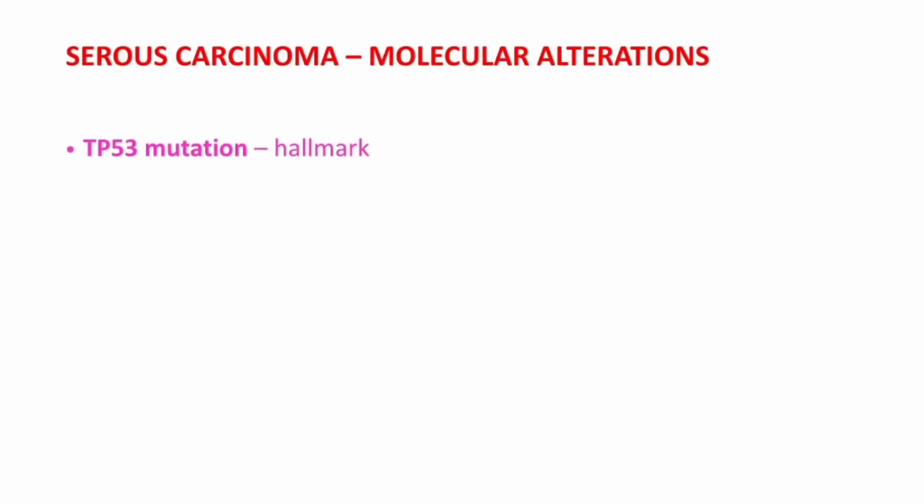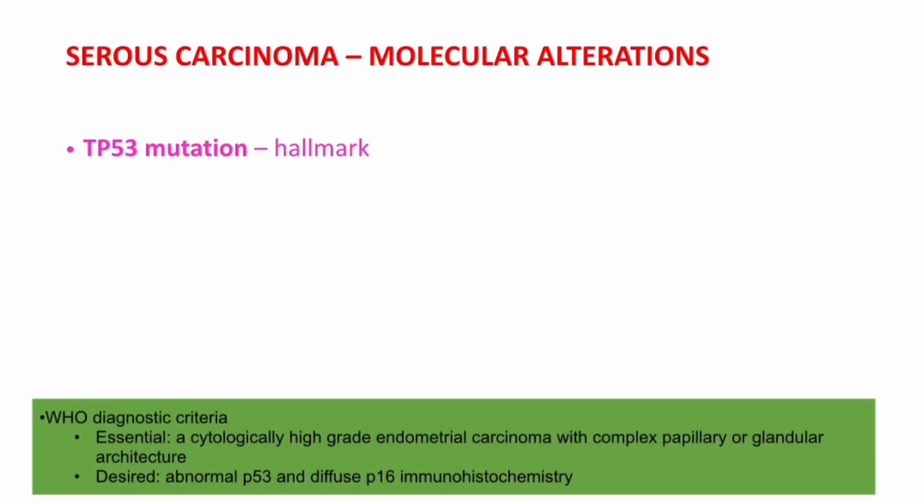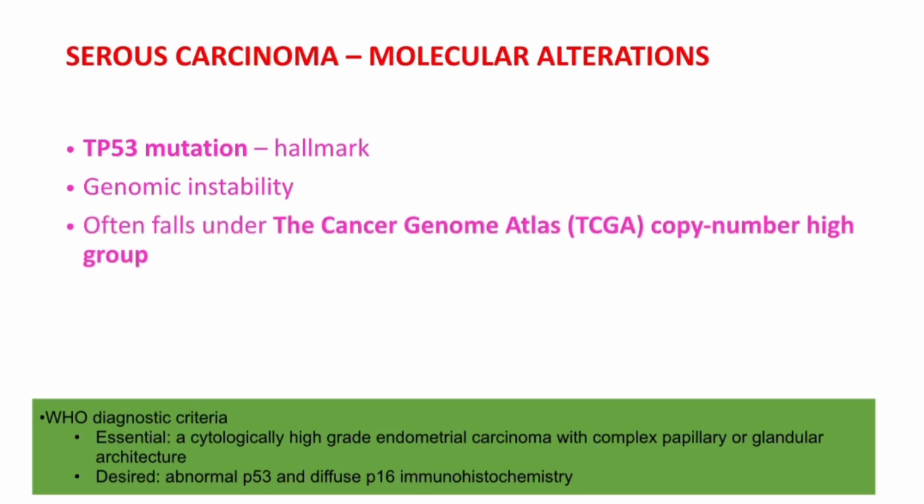Now, if we see the molecular alterations, one is TP53 mutation. Essentially, WHO says that a cytologically high grade endometrial carcinoma with complex papillary or glandular architecture, abnormal P53 and diffuse P16 IHC positivity is serous carcinoma.